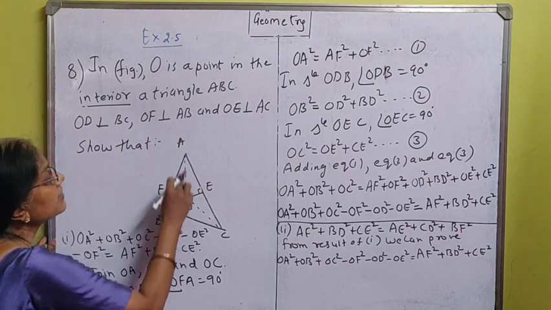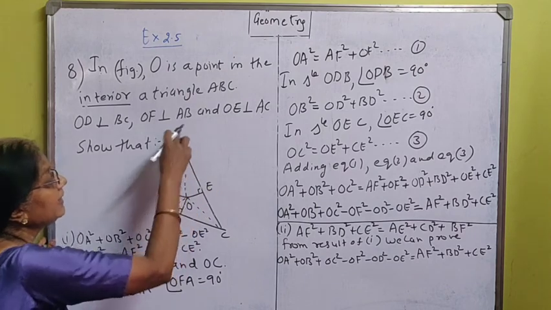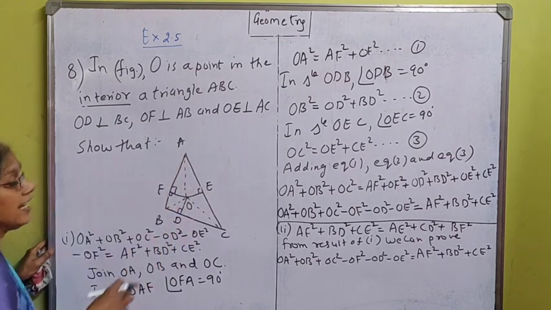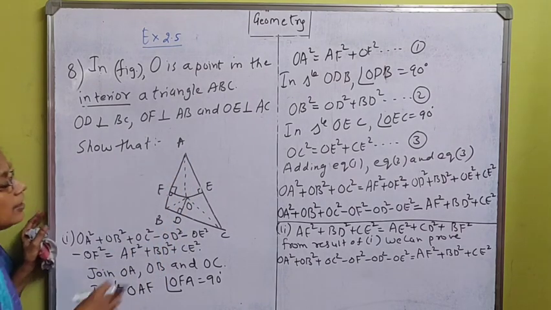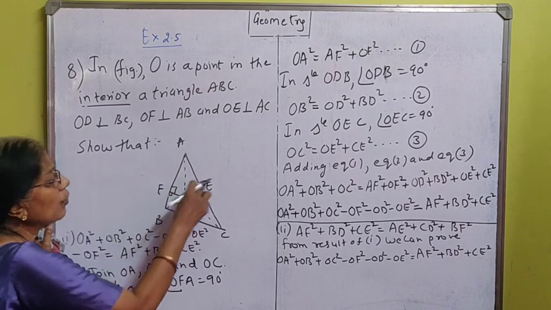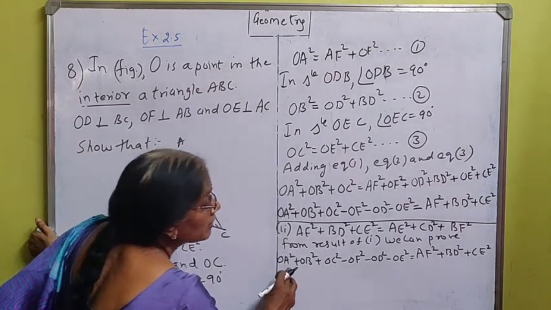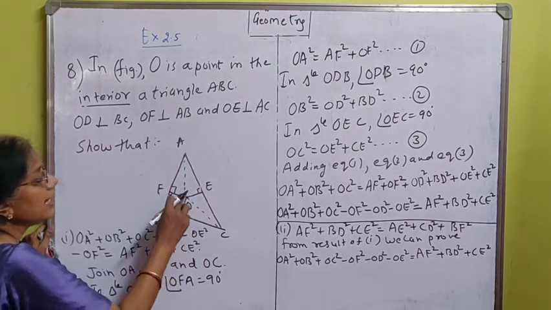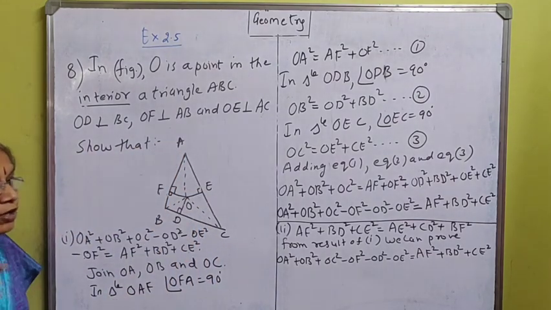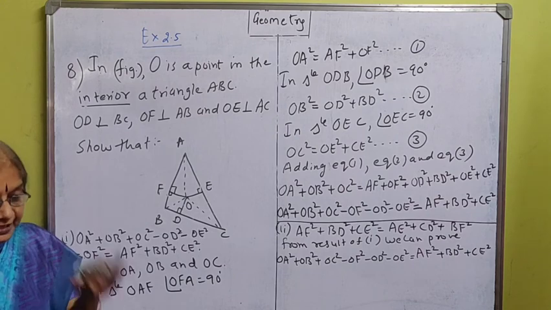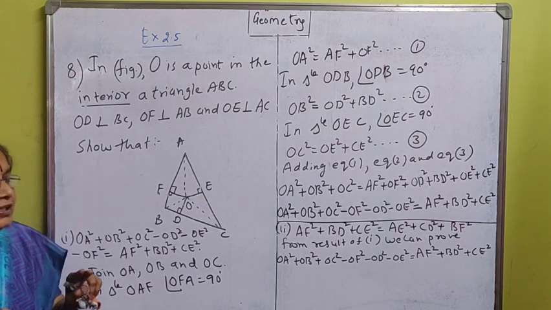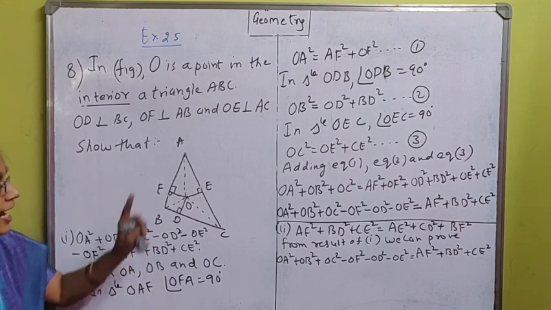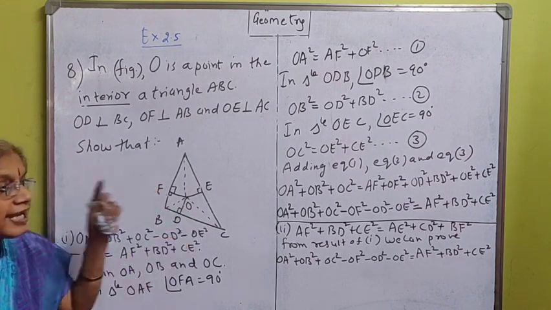Now let us take this triangle OAE. If angle OEA is 90 degrees, then OA square and OE square are here. OA is the hypotenuse and OE is one of the sides. I already told you, when you want to find out the other side, it is nothing but the hypotenuse square minus the given side square. The hypotenuse is OA and the given side is OE.